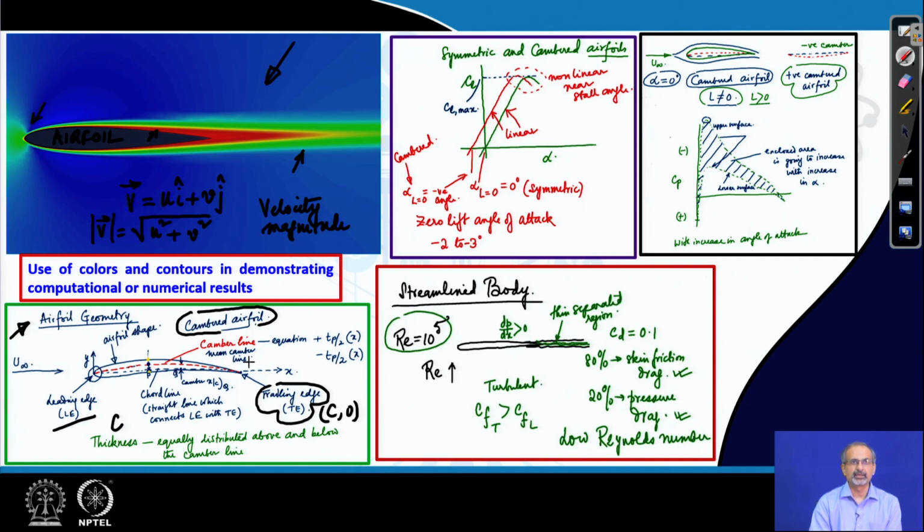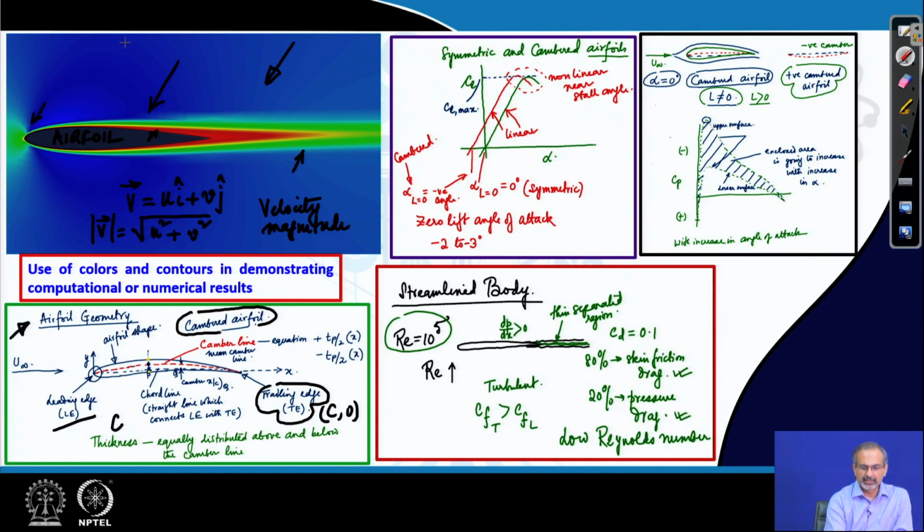So, this would be a typical shape of a cambered airfoil, but here the shape that we are looking at over here in the plot of the flow field, which is a computed flow field, seems to be symmetrically disposed about the chord line.